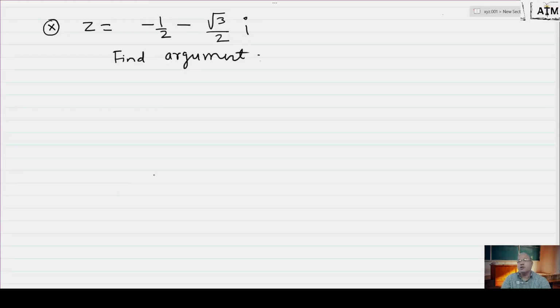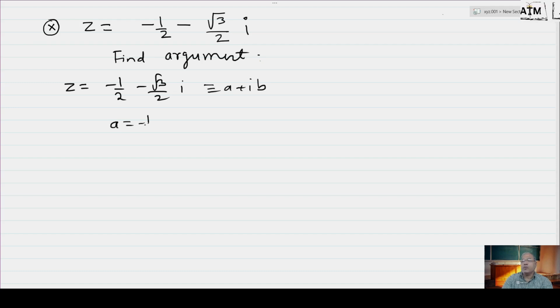Next question: if z equals minus 1 by 2 minus root 3 upon 2i, find the argument. Here z equals minus 1 by 2 minus root 3 by 2i, comparing with a plus ib. Therefore a equals minus 1 by 2 and b equals minus root 3 by 2.